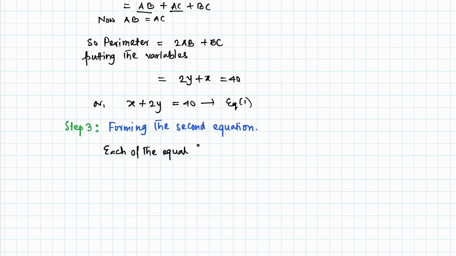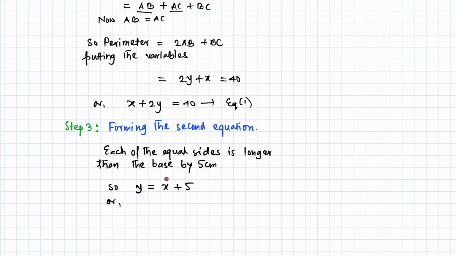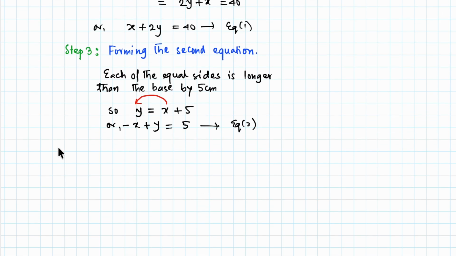Each of the equal sides is longer than the base by 5 centimeters. So y equal to x plus 5, or moving x from the right hand side to the left hand side, minus x plus y equal to 5. So we got the second equation.